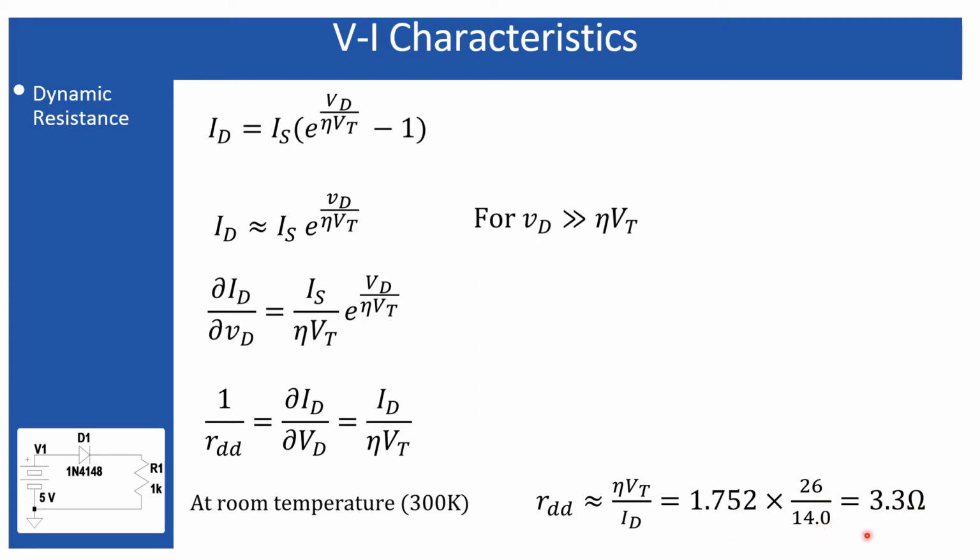And check, the dynamic resistance is only 3.3 ohm, which is very much less than the static resistance calculated earlier. That means when you are applying a DC signal, the DC current will experience a larger resistance of a diode in comparison to an AC signal or AC current, which is going to experience comparatively much smaller dynamic resistance.